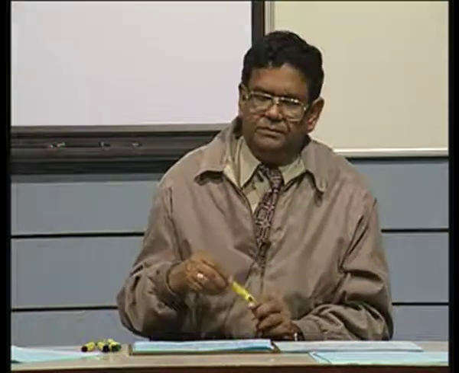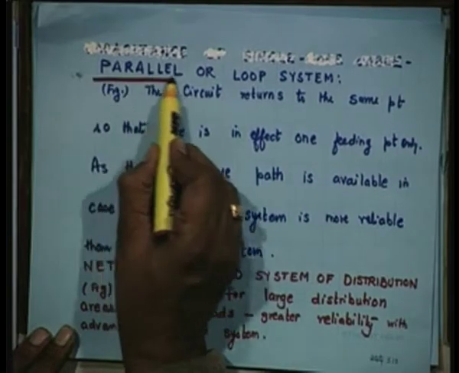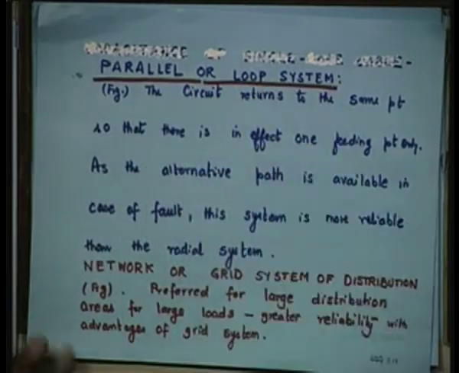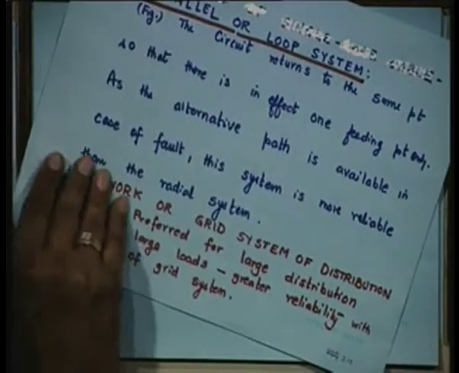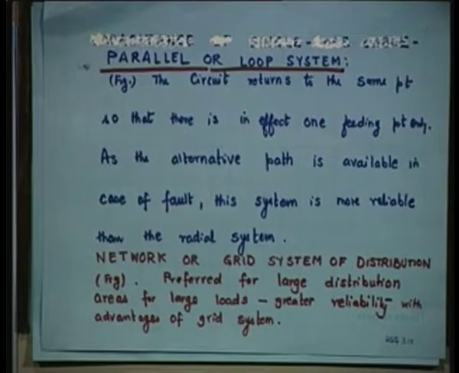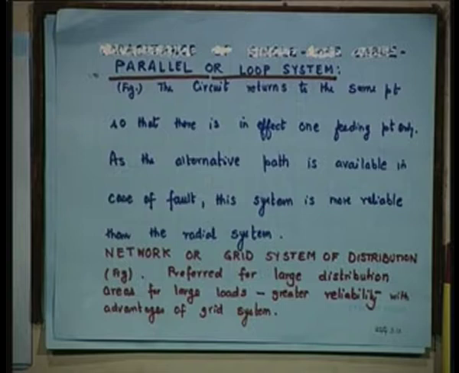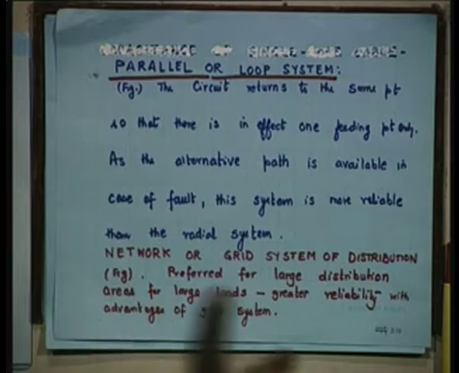The other system, besides radial, is the parallel or loop system. The circuit returns to the same point, so that there is in effect one feeding point only. It completes on itself. As an alternative path is available in case of fault, this system is more reliable than radial.